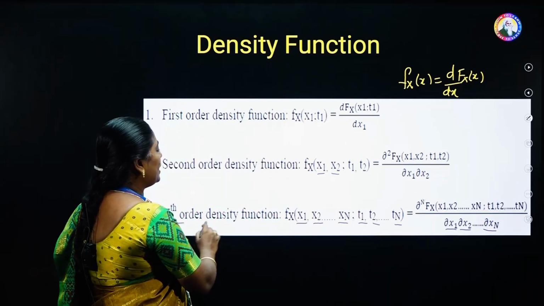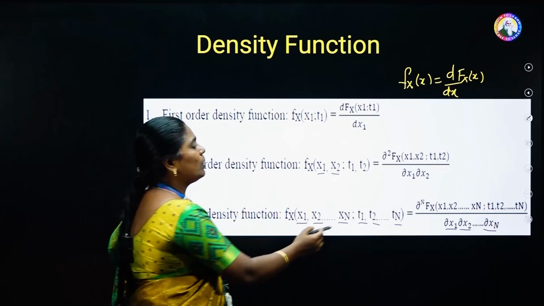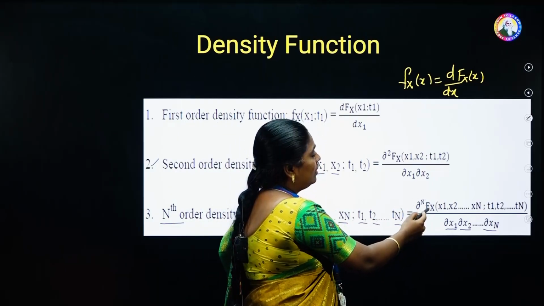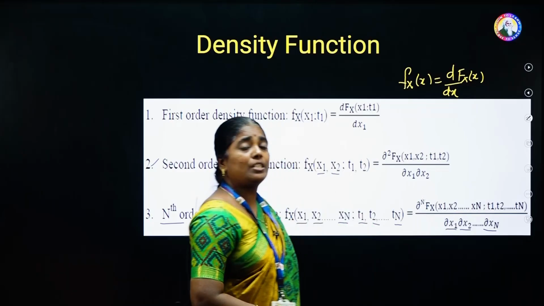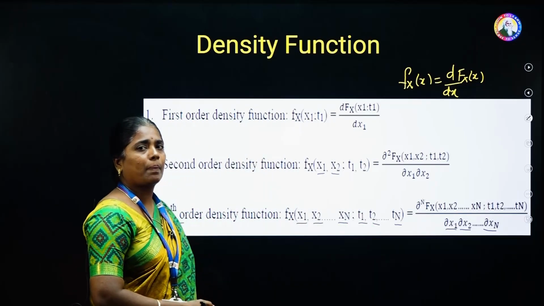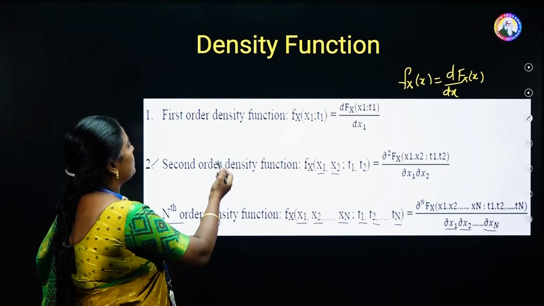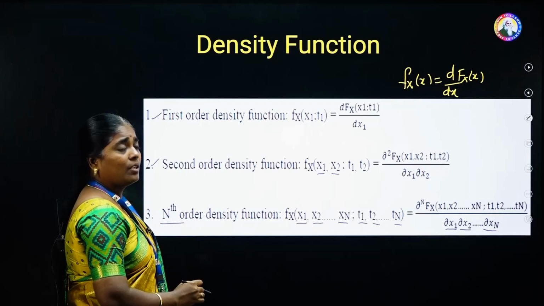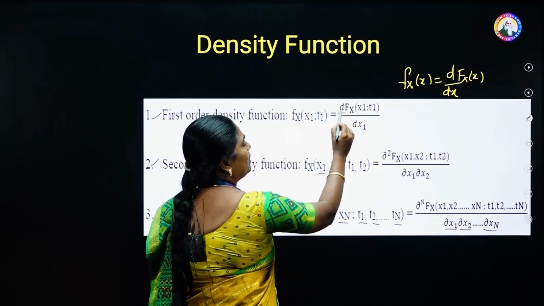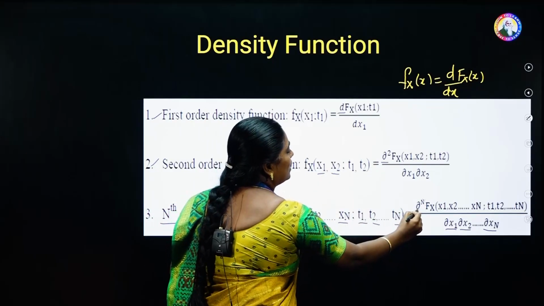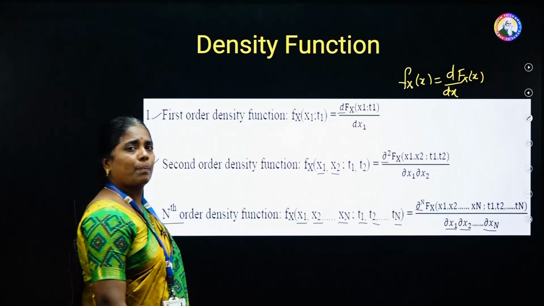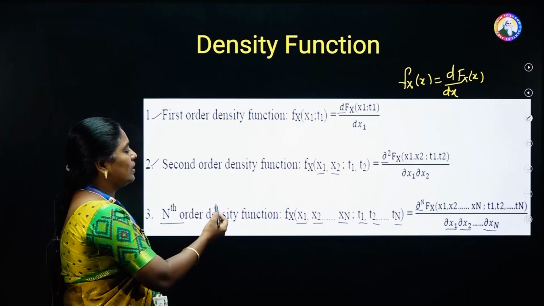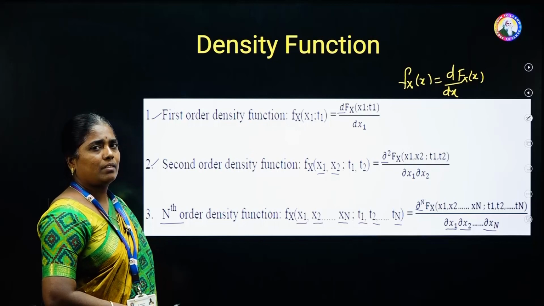Finally, the nth order density function is equal to the n-times partial derivative of the nth order distribution function. Based on the corresponding order, this is the first order, this is the second order and this is the nth order. Here we have a one-time derivative, here 2 times and here n times. That's respectively the first order, second order and nth order density functions.